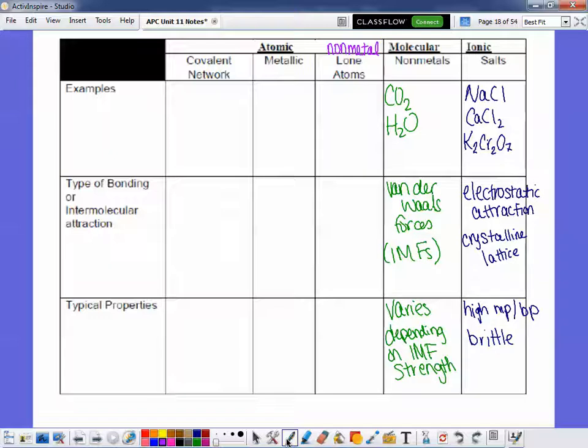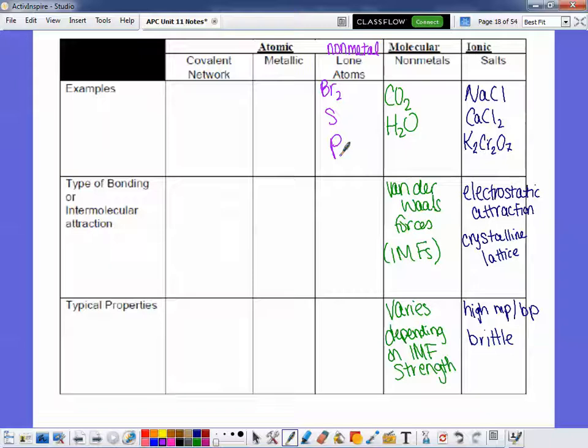But bromine, if bromine was in the solid form, yeah, diatomics would count as lone atoms as long as they're in the solid form. What about sulfur? Sulfur or phosphorus. Anything that's a non-metal other than carbon and silicon, because they're special. Just those two.